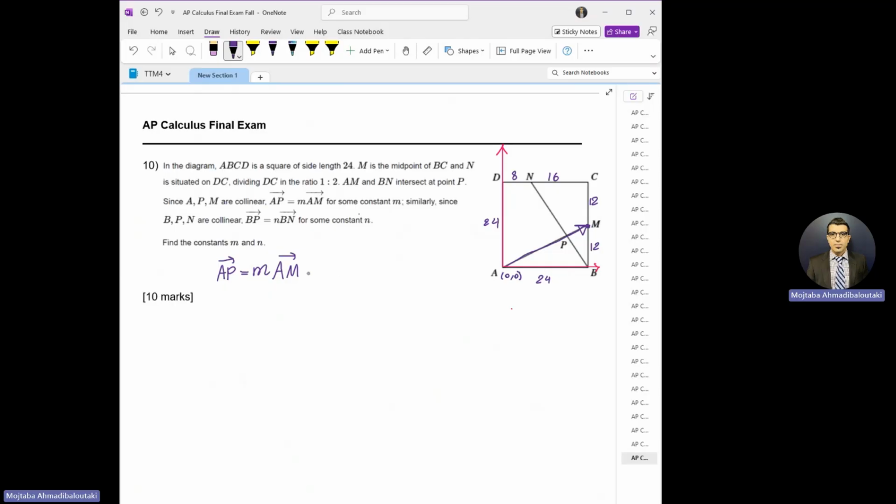That's vector AM. So I can describe it by 24 and 12. Don't forget the m here.